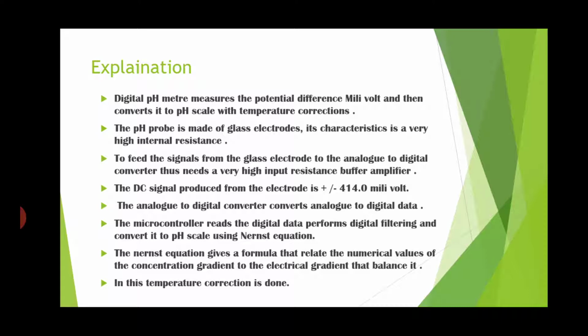This digital data is read by a microcontroller, which performs digital filtering and converts it to the pH scale using the Nernst equation. The Nernst equation gives a formula that relates the numerical values of the concentration gradient to the electrical gradient that balances it. In this, temperature correction is also done.